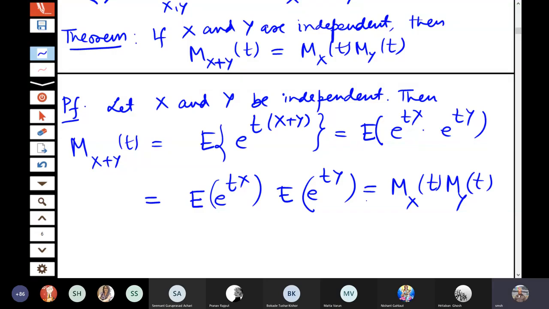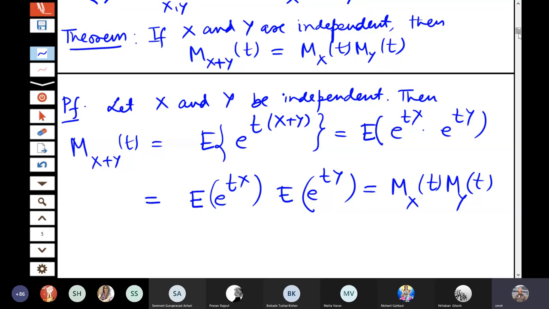So I will show you the usage of this for deriving various distributions. But before we go to that, let us take up one important joint distribution. We have discussed several examples here of joint distributions in the case of discrete and in the case of continuous. We have done several problems now.